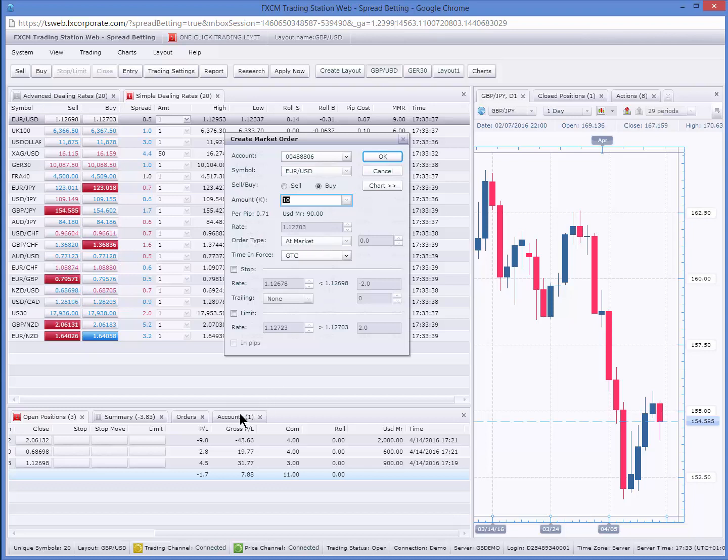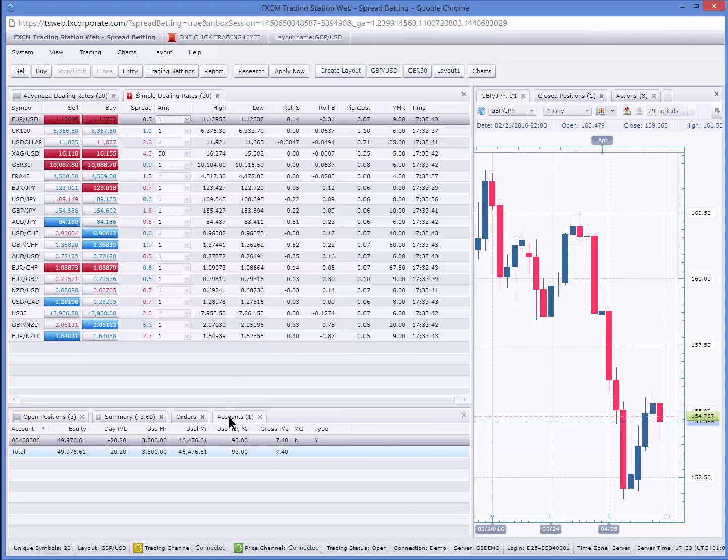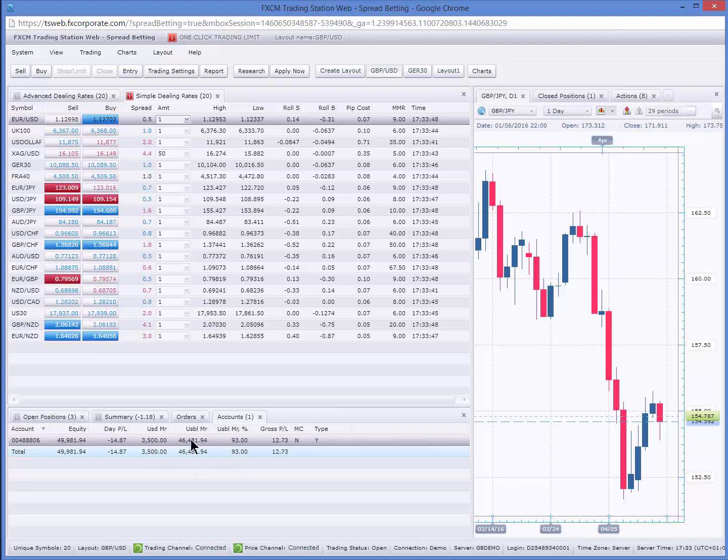So when we look at the account button with those positions on, we can get an idea about what our used margin is and our usable margin. So it gives us an idea about what we've got left to play around with. And of course, as that area gets down towards zero, then your broker is going to start contacting you about margin calls, maybe starting to close out those positions that you might have open.